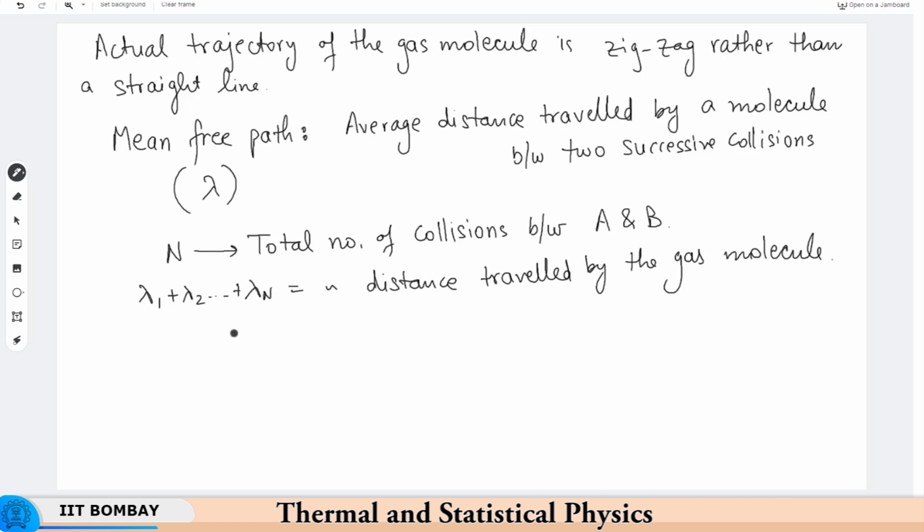So, clearly we can write lambda as follows: total distance travelled divided by total number of collisions. This is a simple definition of the mean free path.